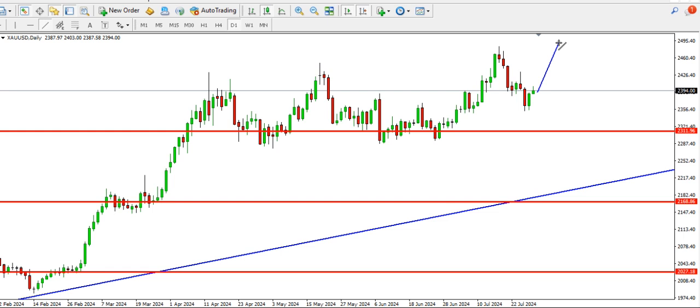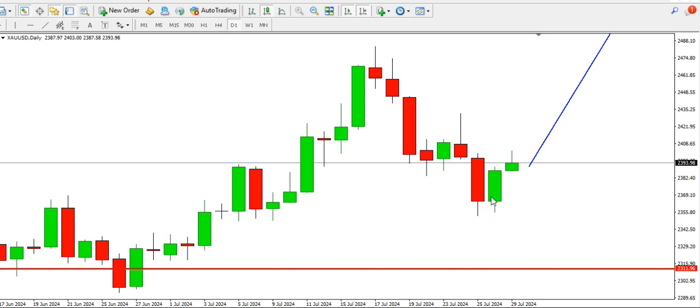But for now the price is gradually moving upwards, and with this couple of days' candlestick formation, this is a reversal pattern indicating that price might likely go up a bit on the daily time frame.